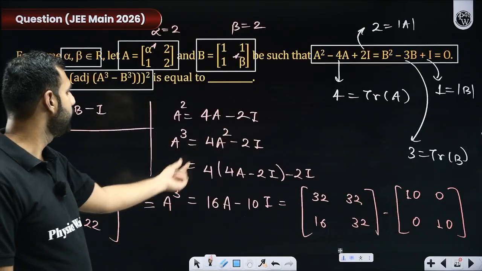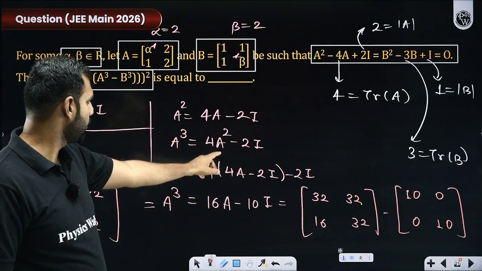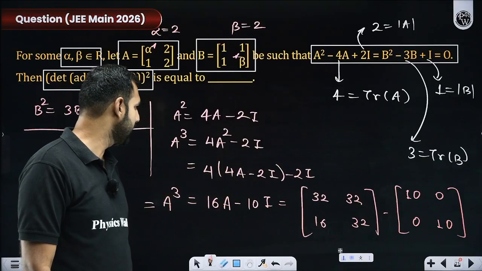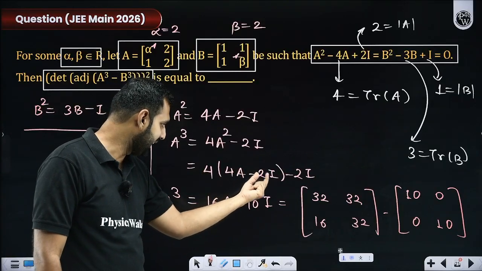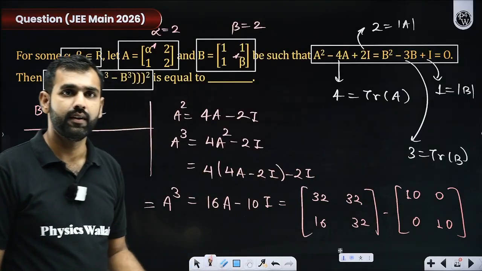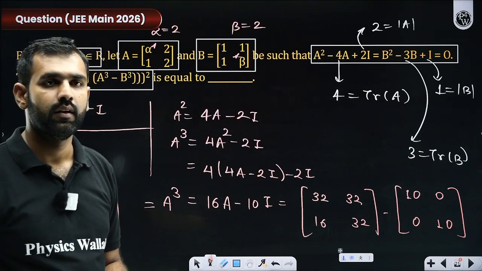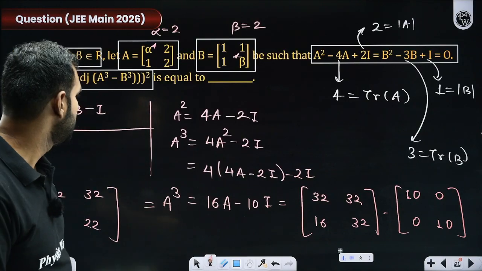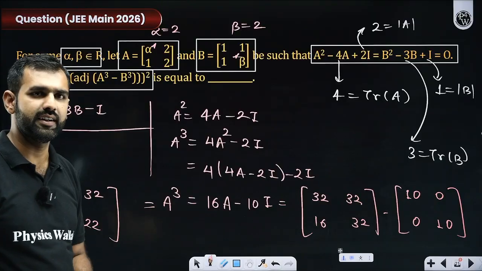So a cube will be 4a square minus 2i. Now a square I'm replacing by 4a minus 2i. So 4 into 4 is 16, minus 8 and 2 is 10. No, Harini, it will be 16a minus 10i.